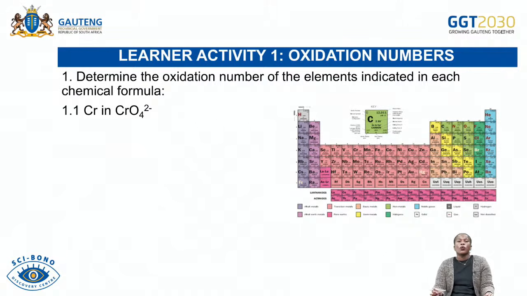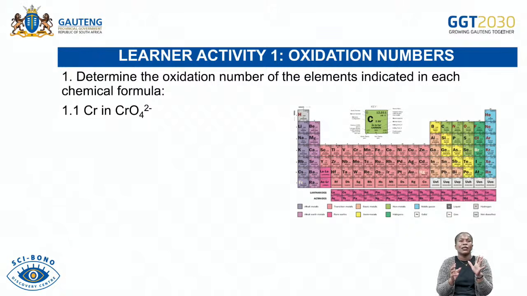Now, the first one, we need to apply the rules of assigning the oxidation numbers. Okay, remember what I said? I said in this chapter, the periodic table is going to be your best friend. Know how to use it all the time, and implement it together with all the rules that we've spoken about. Don't worry, let's go through it together.